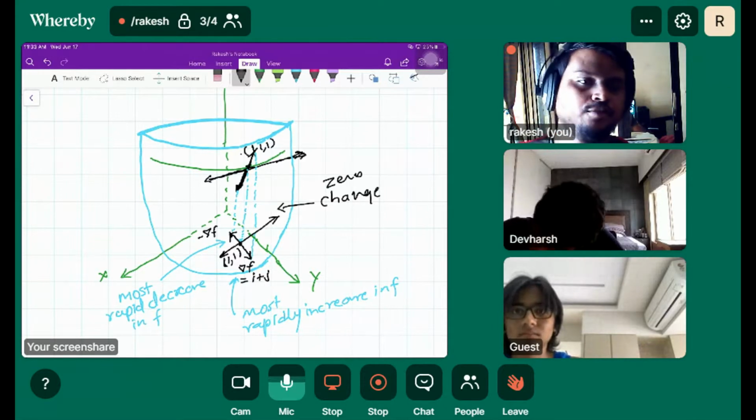So this is the illustration of the previous example.